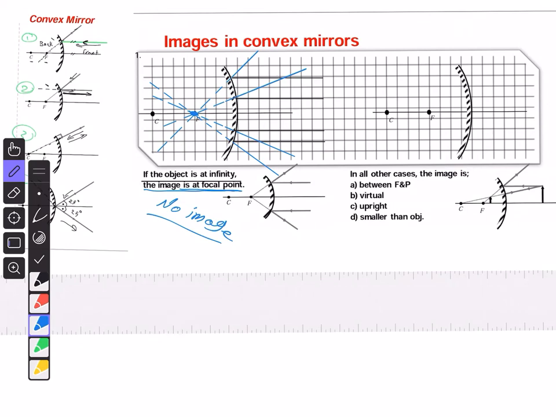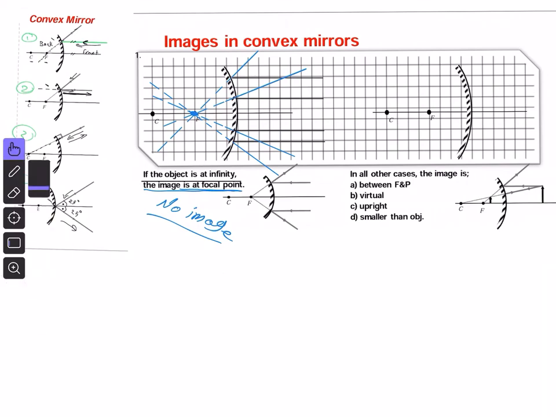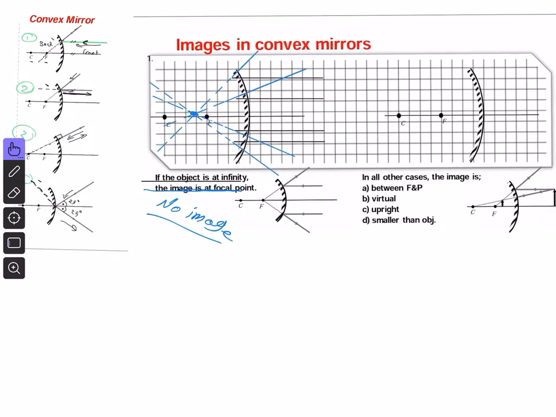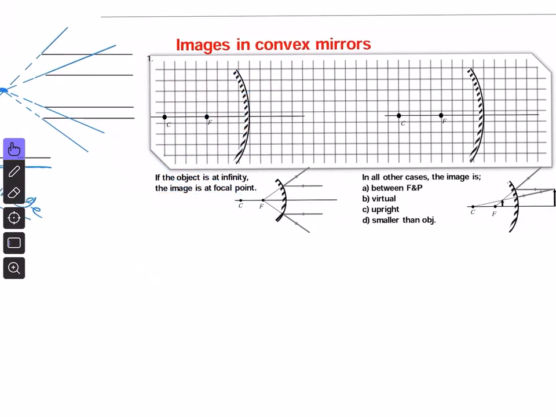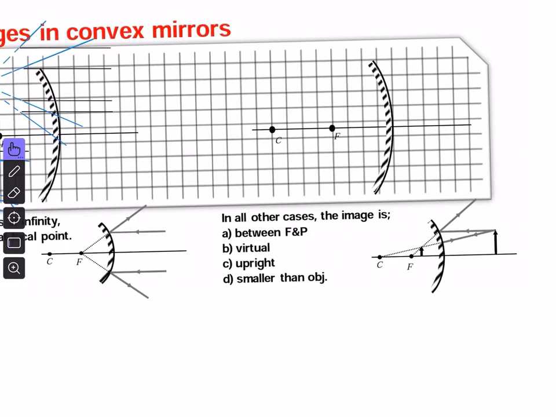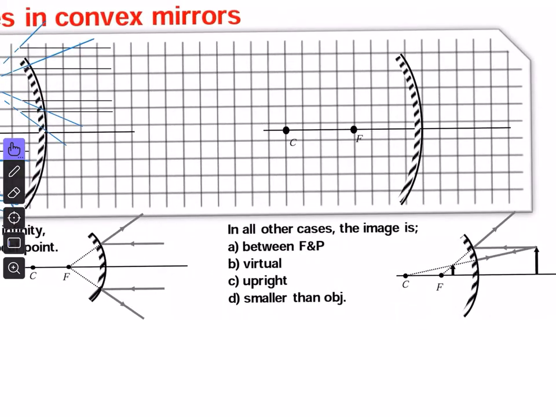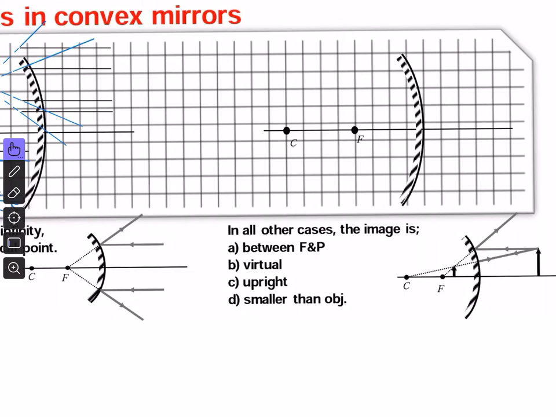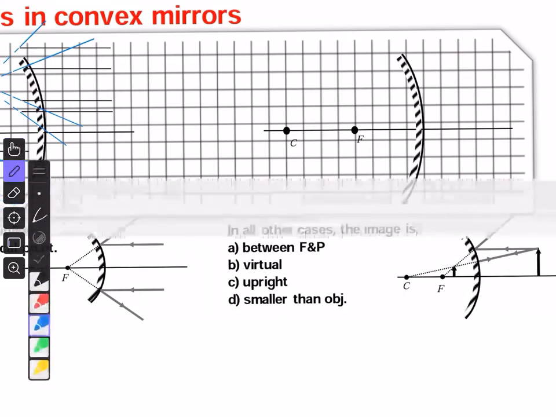Okay. The last case, and it is general, this one. Let's just send this one away, and let's make this one bigger to be more clear. Okay, for this case, what do we have?